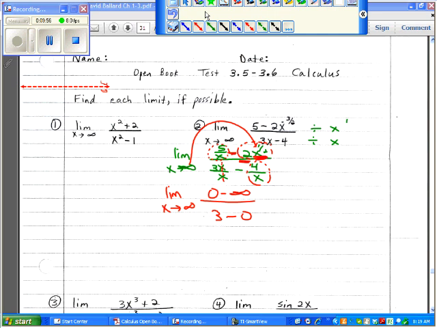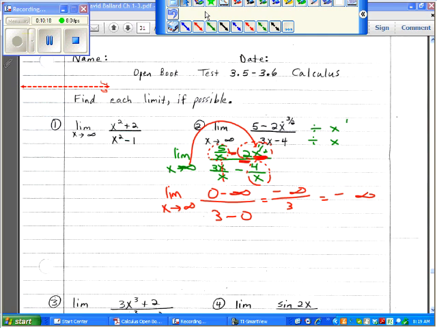Does that make sense? And if we take something that is negatively infinitely large divided by 3, we still have something that is negatively infinitely large. So the result is negative infinity, but what are the rules for a limit existing?